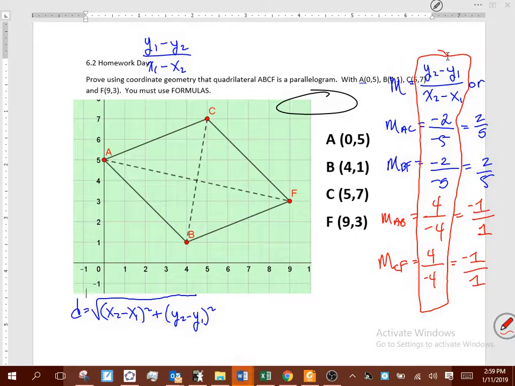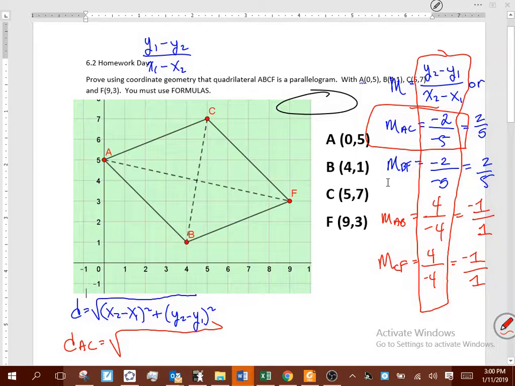Yeah. So if I'm writing down my slopes, and I'm writing down those fractions, then I've already done all the work, or most of the work, in regards to finding distance. So if I want to find the distance of AC, it's going to be x2 minus x1 for A and C. Well, that's this information right here, right? x2 minus x1 is that -5.